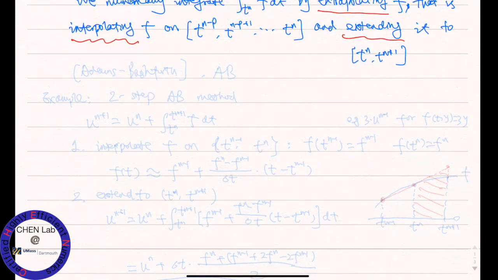Because we know the values of u before n, which give us the values of f before n, right? So f is a given function, but it's a function of t and y. We are integrating with y unknown, so the function f is really unknown.